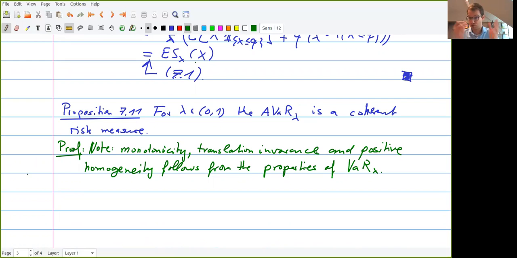This is new, as it was not true for the value at risk. I was claiming that by averaging the value at risk, we get a convex function as well. So since it's positive homogeneous, we need to show the convexity.